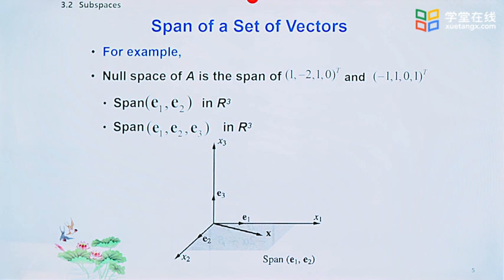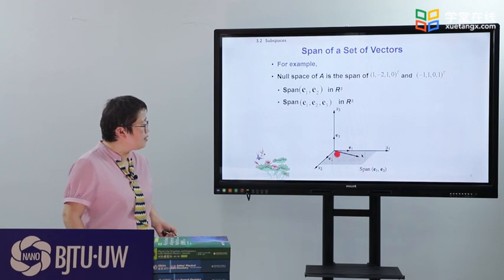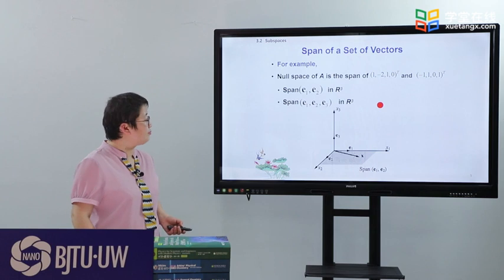And in three-dimensional real vector space, we consider the span of E1 and E2, where E1 is the first coordinate vector 1, 0, 0, and E2 is the second coordinate vector 0, 1, 0. The linear combinations of E1 and E2 give you this plane, the whole x1 x2 plane.